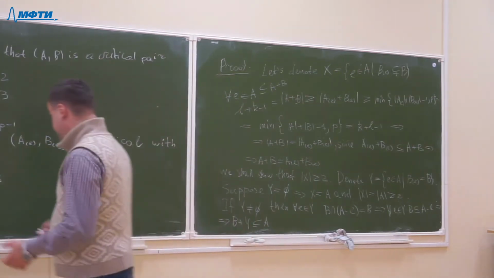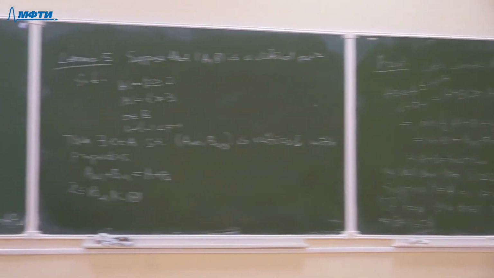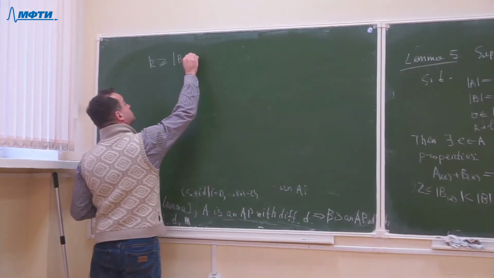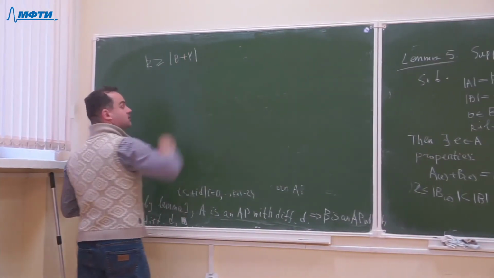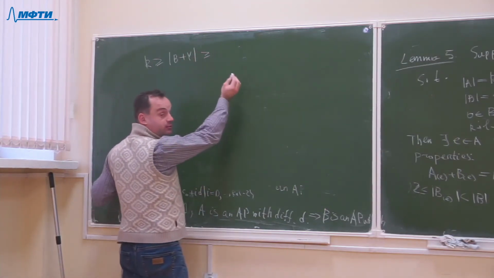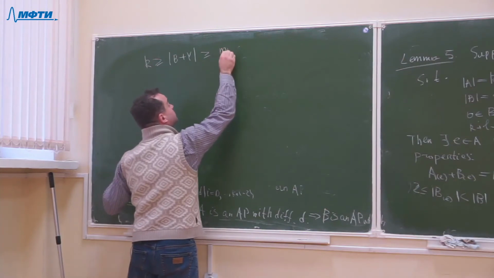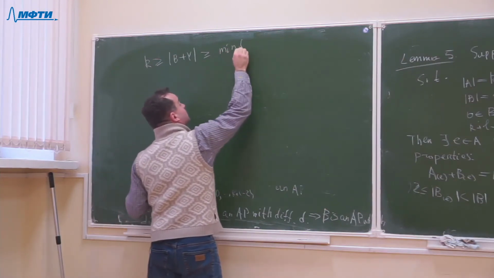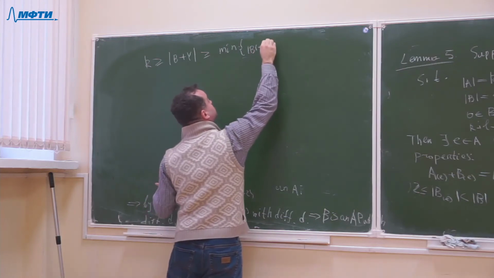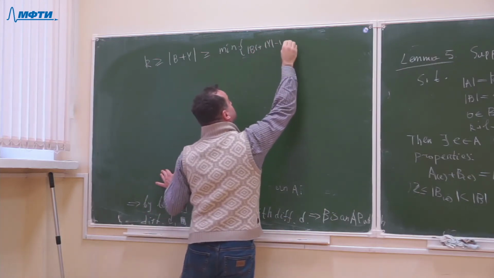Well, let's look at it. K is at most B plus Y, which is by Cauchy-Davenport again at least the minimum between cardinality of B plus cardinality of Y minus 1 and P.